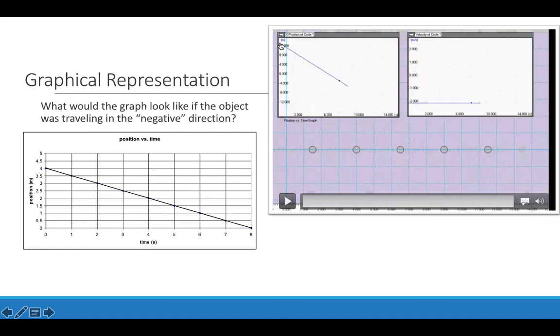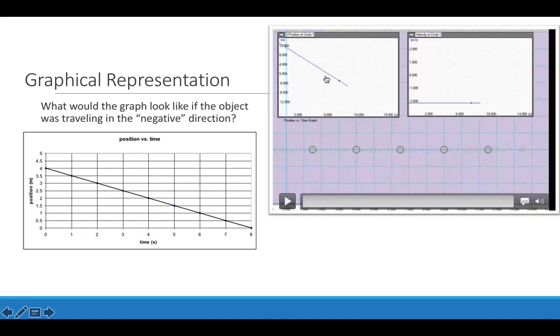So in my example, it's starting at around 12 or 14 meters from the origin, and it's heading towards the origin, right? So maybe it started off at 12, and then it was at 10, and then at 8, and then 6, and so on. And so over time, it's heading towards the origin of the coordinate system.